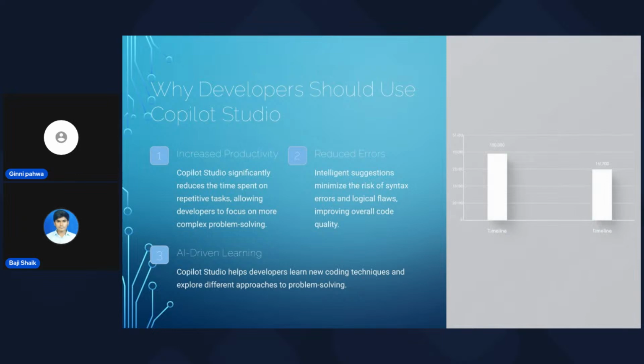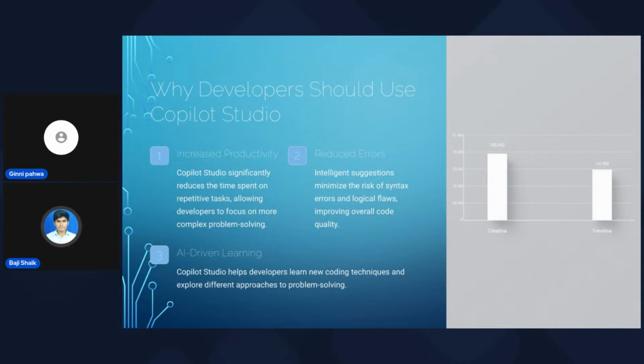We use Copilot Studio for many things. We have many queries in any work. We get some errors, or we need some suggestions to do the work smoothly. So here Copilot will be the requirement factor. It will increase productivity.